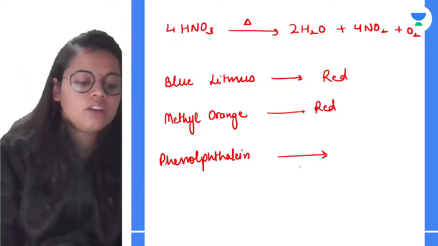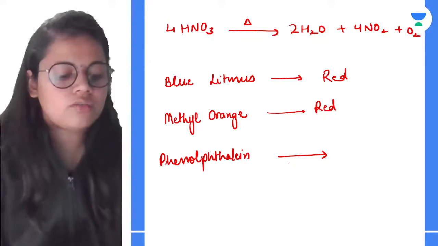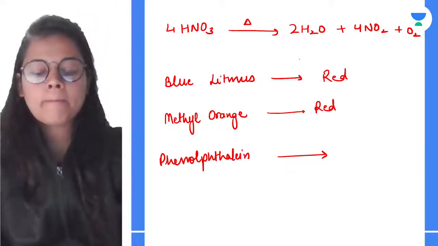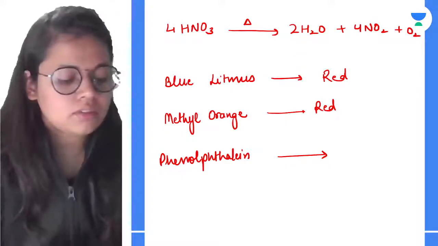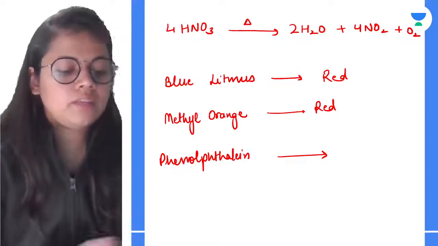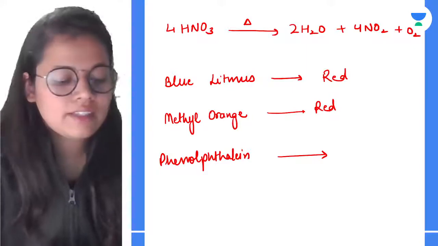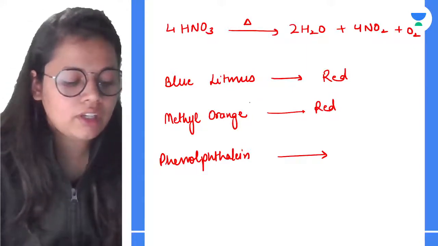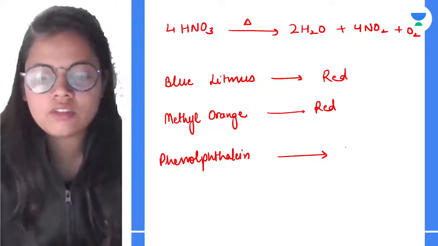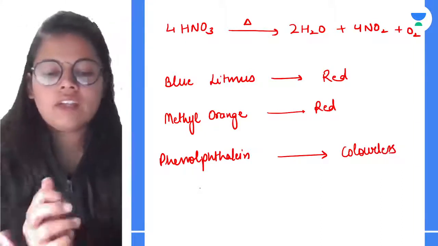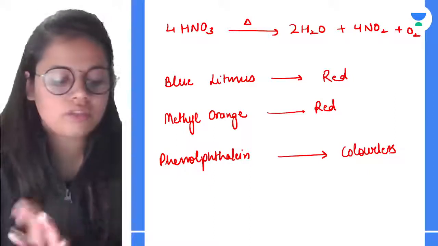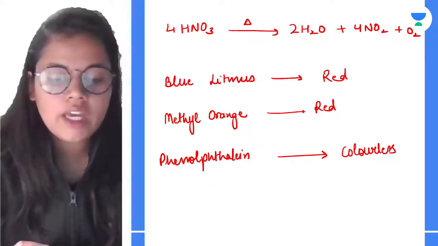Since it is an acid, what effect will it show on phenolphthalein? Anybody? Since this is an acid, it will be colorless. Yes, correct, Anubhav. So it will be colorless.